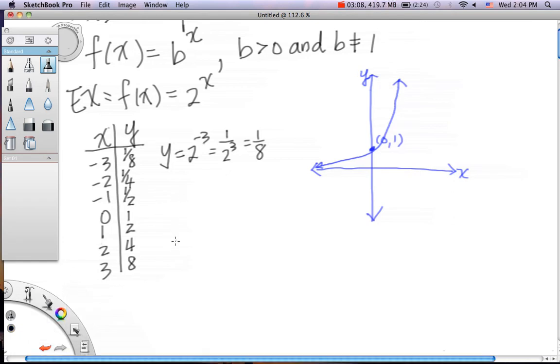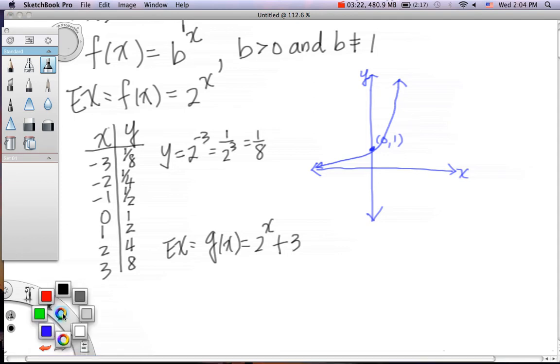So for example, look at g of x is equal to 2 to the x plus 3. 2 to the x is the same as previous, and we are adding 3 units to every y value.